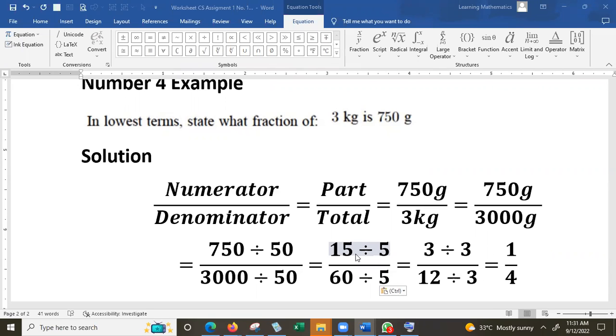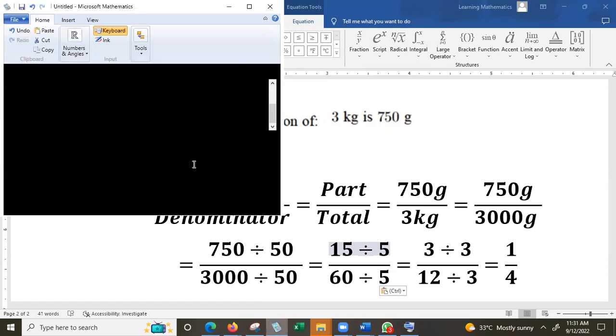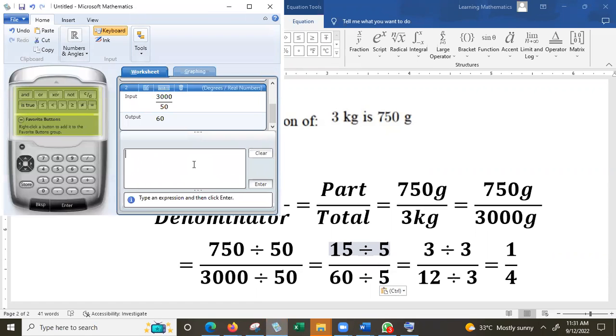Then we have just realized the highest common factor between 750 and 3,000 is actually 750. And that might not be so obvious at the first attempt. 3,000 divided by 750 is 4. Between 750 and 3,000, it wasn't so obvious.